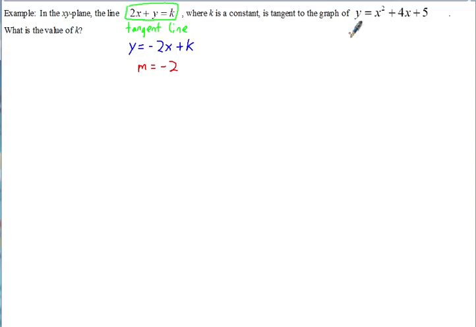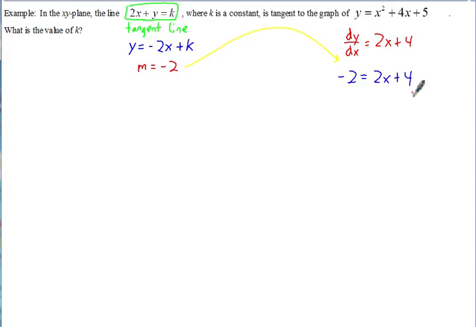So if we take the derivative, dy/dx would be 2x plus 4. Set that equal to negative 2. Again, that will allow us to find our point of tangency, or the x point of the point of tangency.